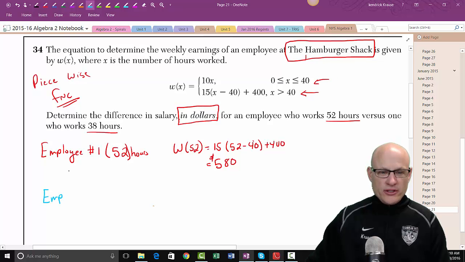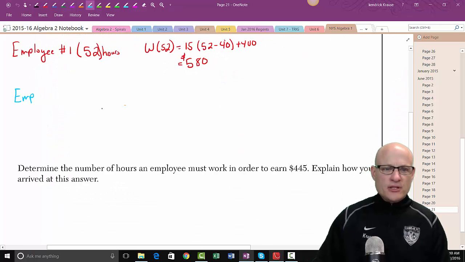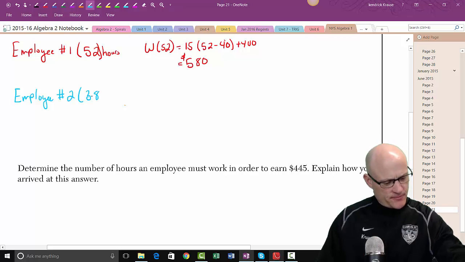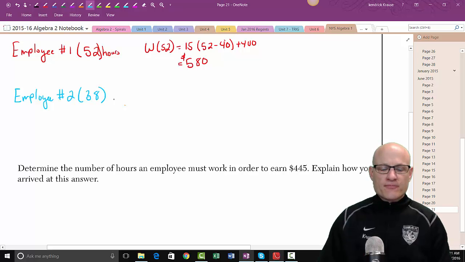So employee number 2. He's working 38 hours. I'm looking down on my sheet now. 38 hours.